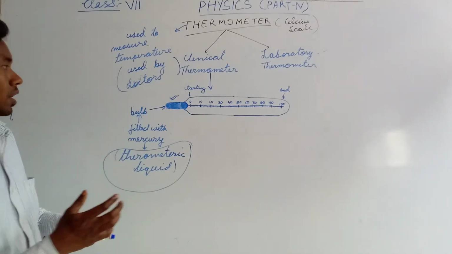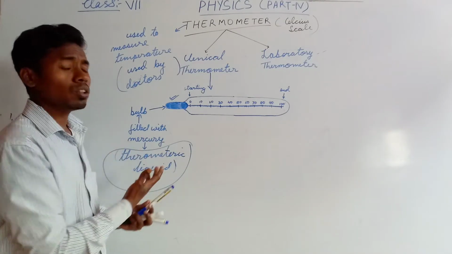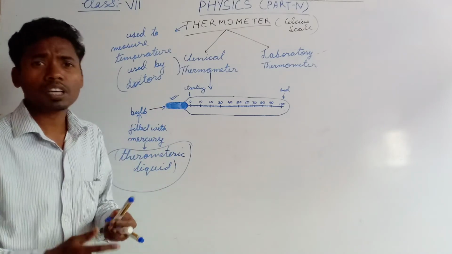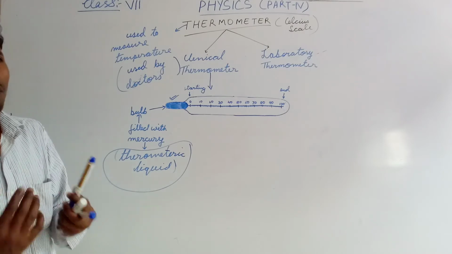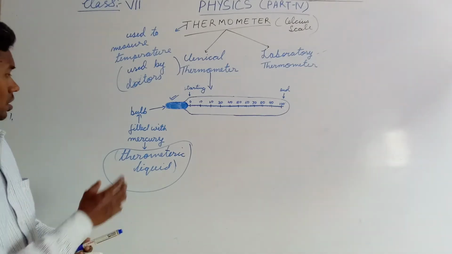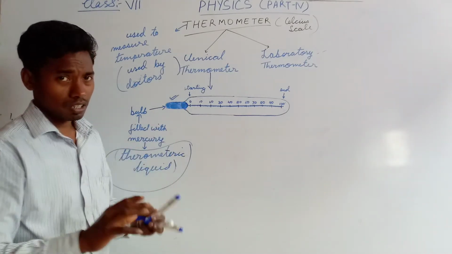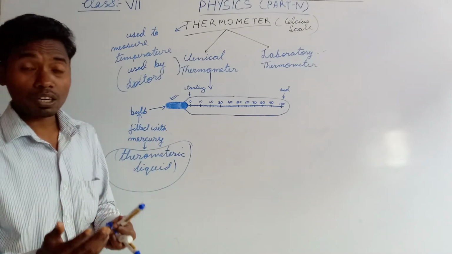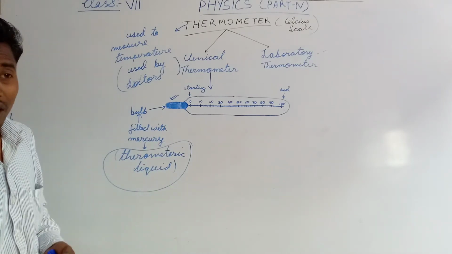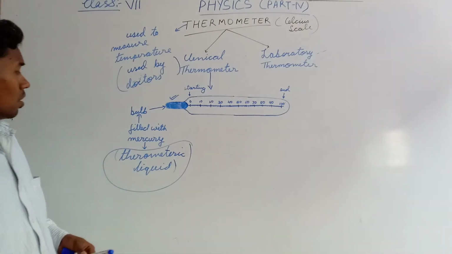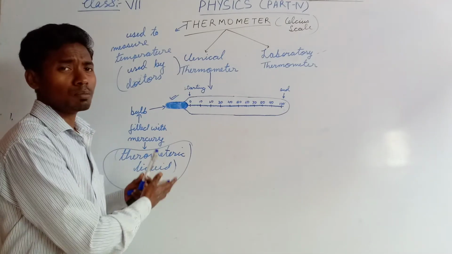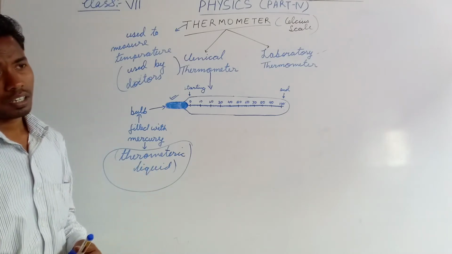Yes, but can all the liquids be used in a thermometer? What if I say water? Water is very cheap and available everywhere. Yes, so can we use water? No. Or can we use alcohol? No. Can we use oil? No. There are very few substances which can be used as a thermometric liquid.